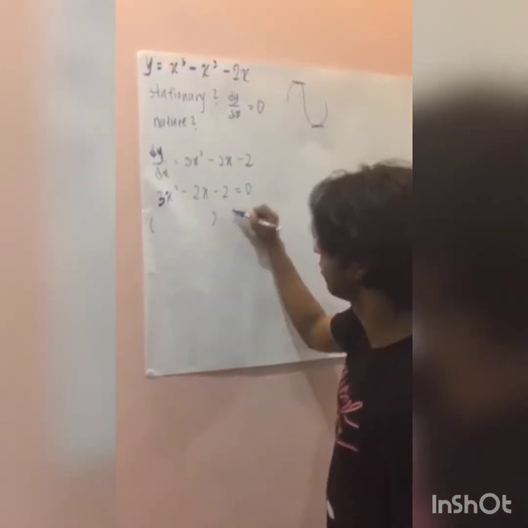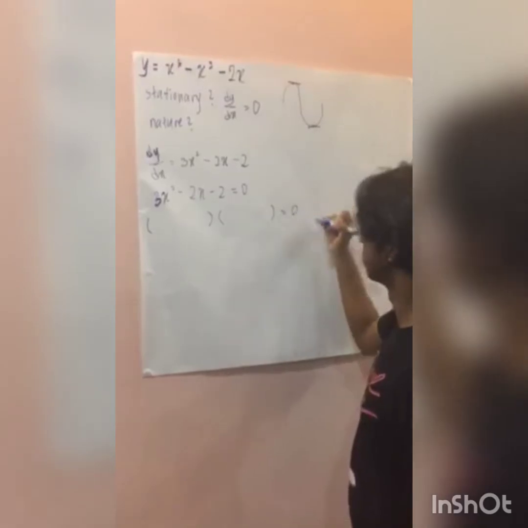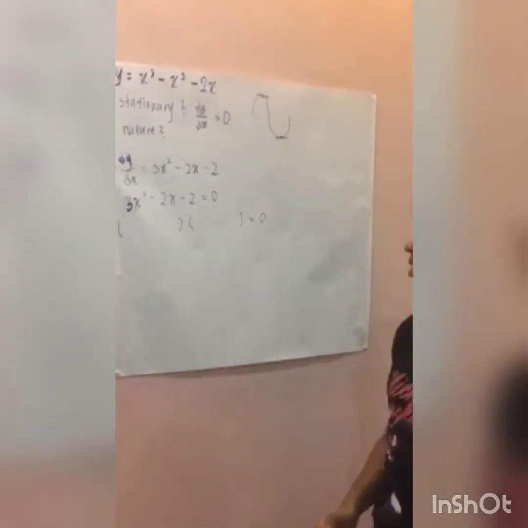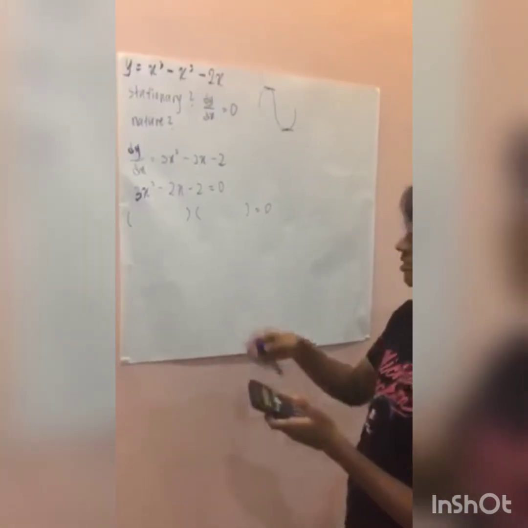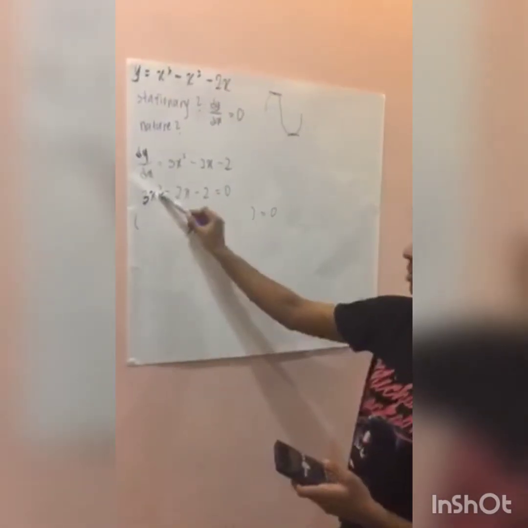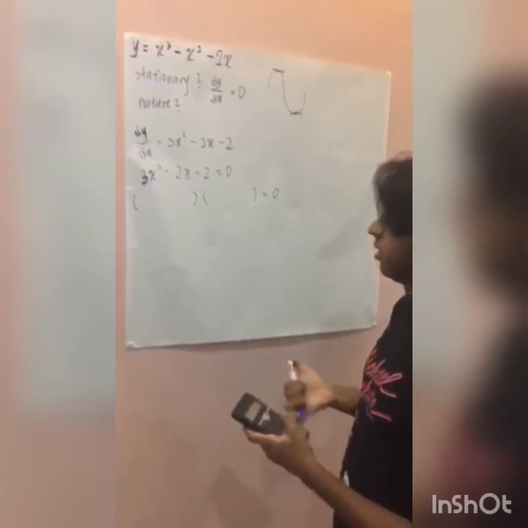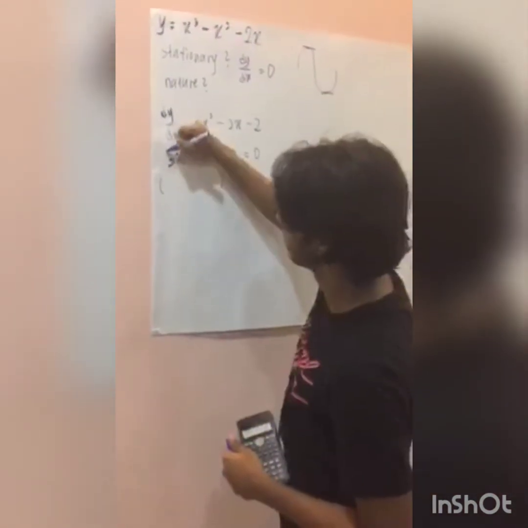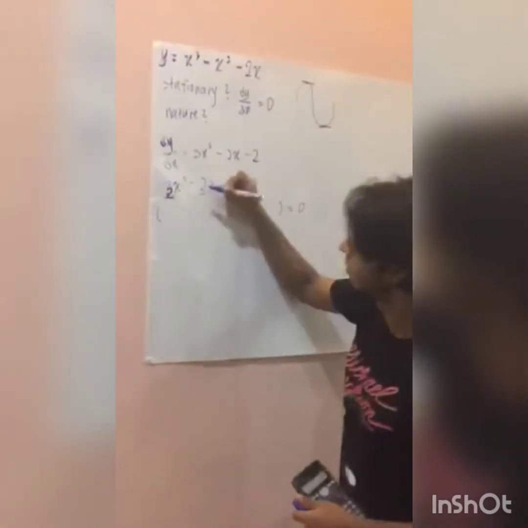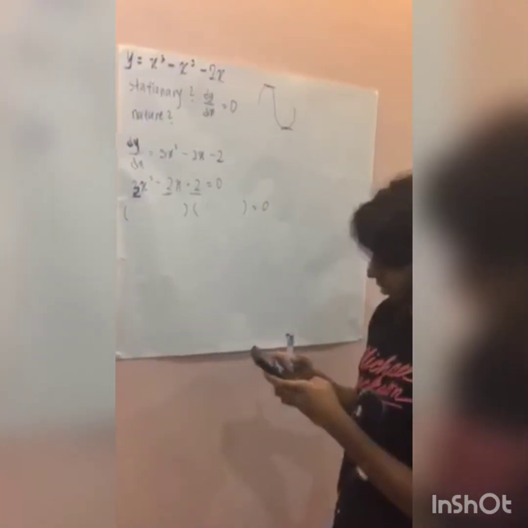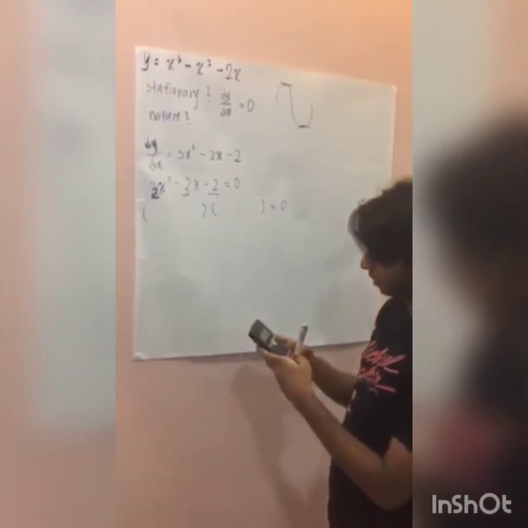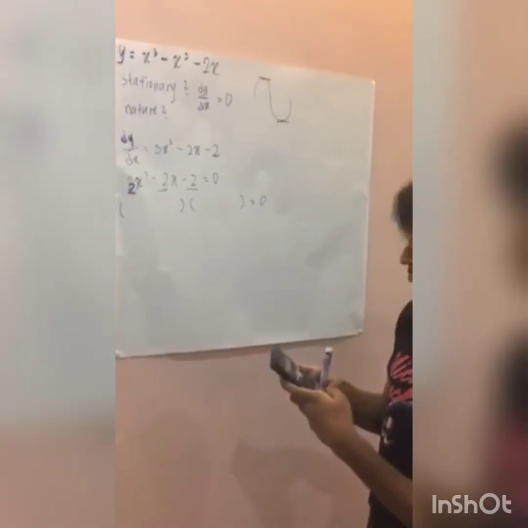Since the highest power is 2, we use the calculator in quadratic mode. A is 3, B is minus 2, C is minus 2.